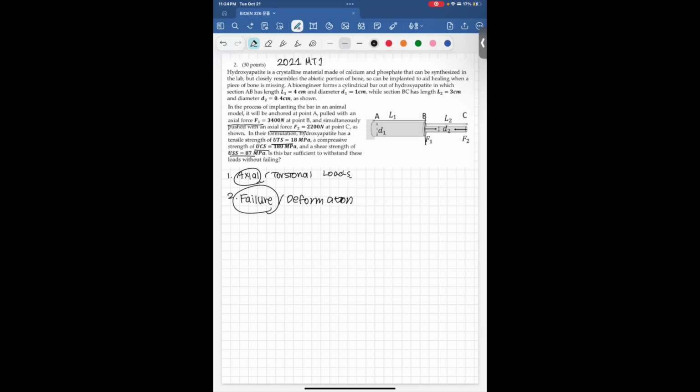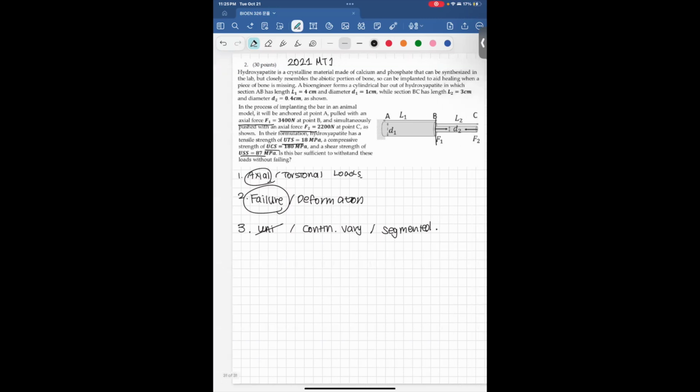Number three is about the object: whether the object is uniform, continuously varying, or segmented. We can tell that the object is not uniaxial because the definition of uniaxial is that the stress does not depend on x and the cross-sectional geometry should not change.